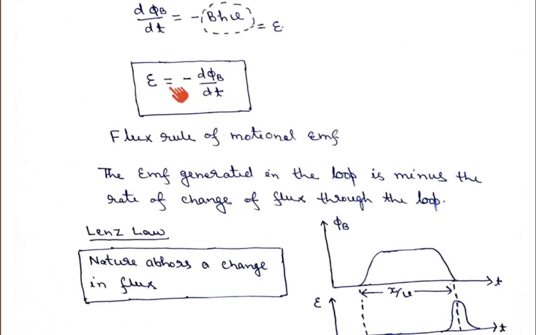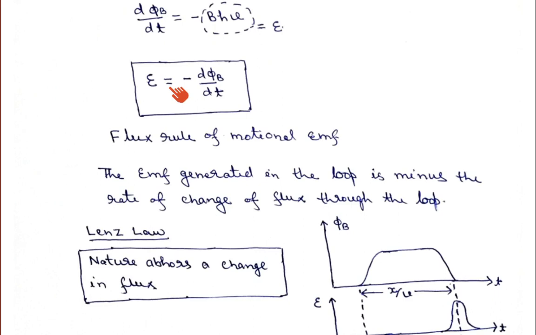So one can generate electromotive force in a circuit if the circuit is closed and in the presence of a magnetic field, if we are able to find the total rate of change of flux with respect to time, and minus of that will give the EMF within the circuit.